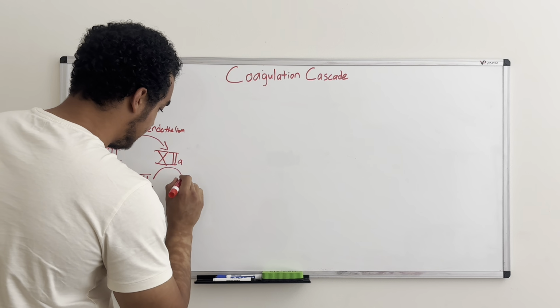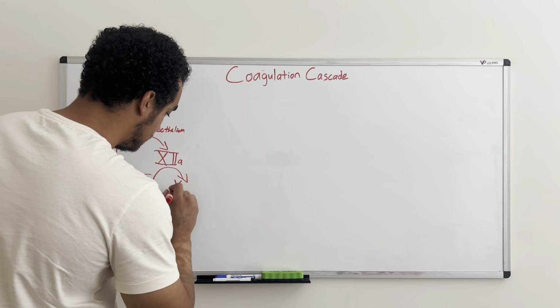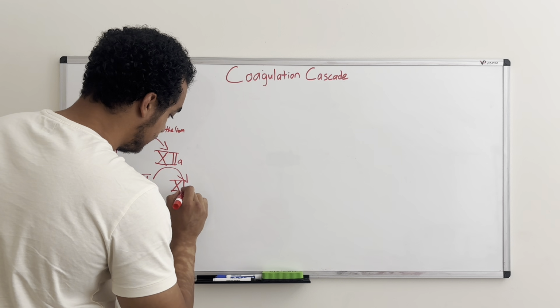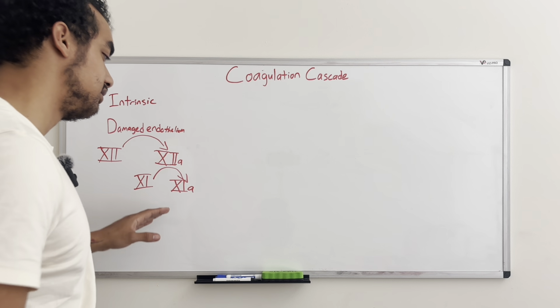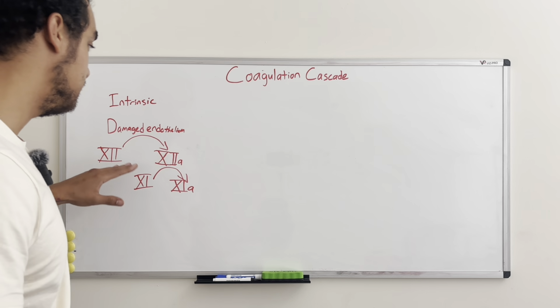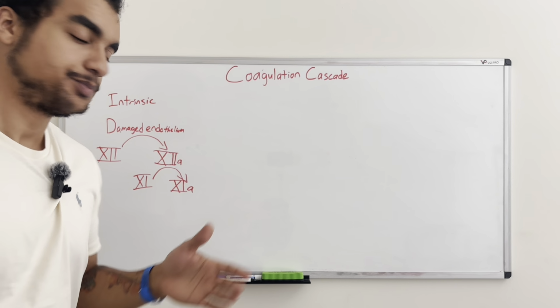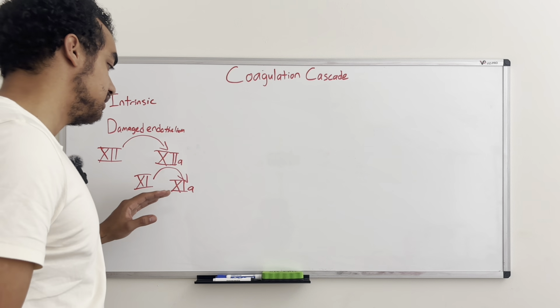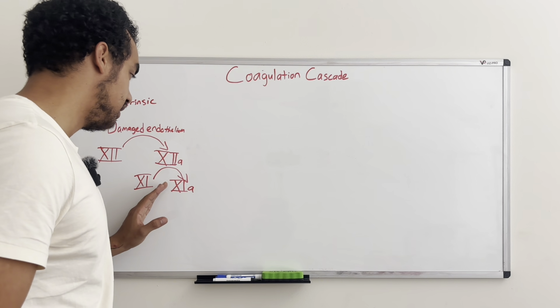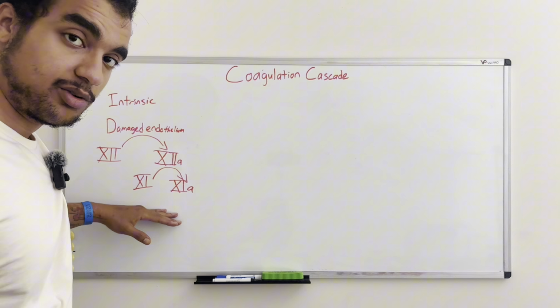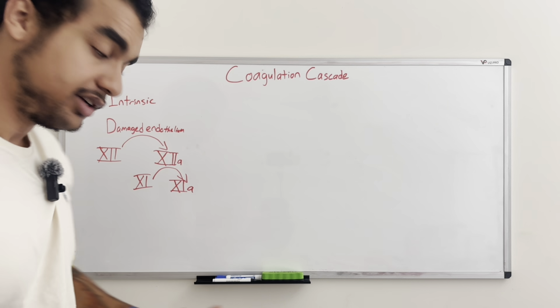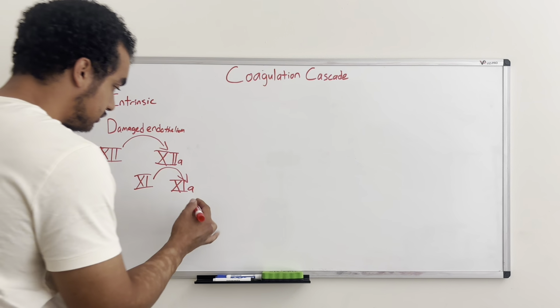It ends up activating factor 11, which again, we'll denote with little a. Factor 11 is actually the reason that factor 12 deficiency doesn't really do much. And that's because it can be the start of the intrinsic pathway when factor 12 isn't present. That is due to thrombin's upregulatory effect on some of the factors. And I'll go into that a little bit later as well.